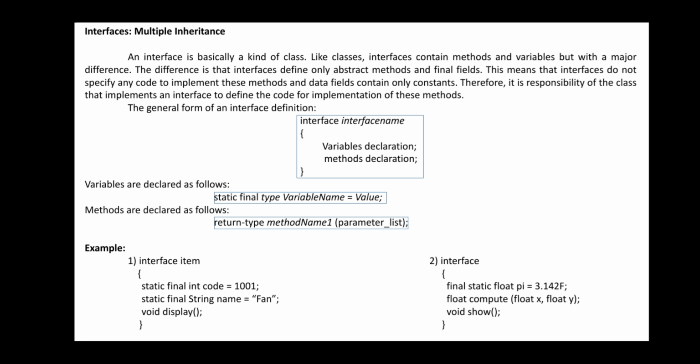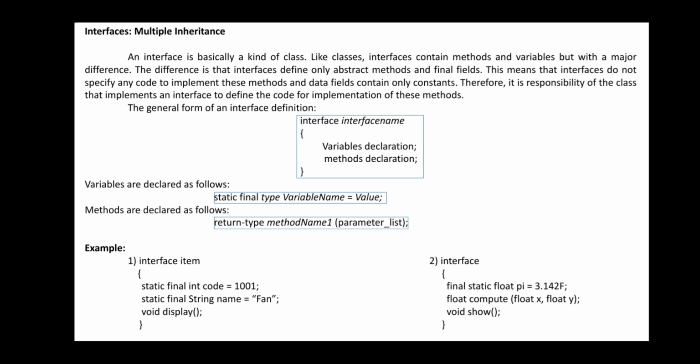They are called abstract methods and final fields. Abstract methods means declarations will be there, and the definition can be done or accessed outside of the class. This means that an interface does not specify any code to implement these methods, and data fields contain only constant values.